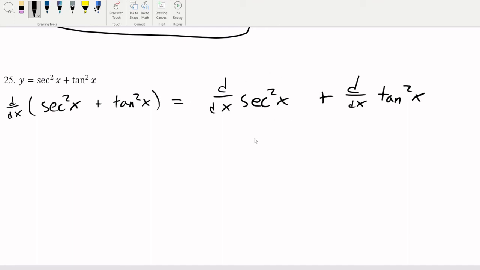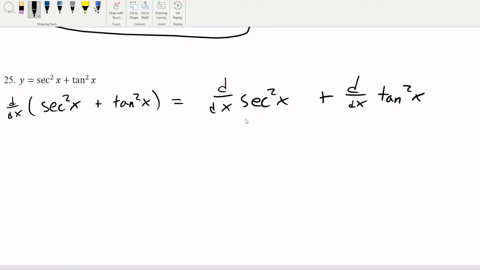Okay, looking at this, secant. I have that list of derivatives I can go back to, but it's secant squared, not just secant. Well, we had that rule above that said if you're just taking a function to a basic power, 2, 3, 1/2, negative 5, whatever, then that power is just going to be your outside, and whatever is in here is your inside.